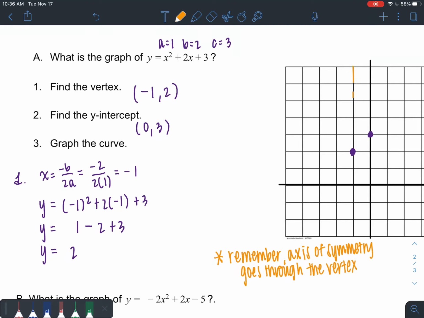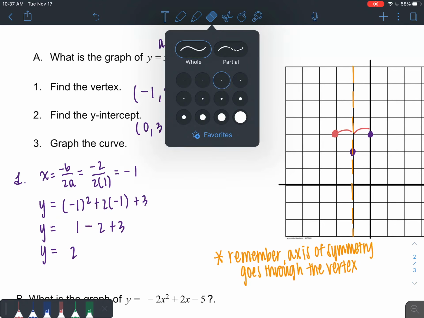So I'm going to go ahead and plot that. This line right here goes through the vertex. And because we have that axis of symmetry, I now can plot this point. It's 1 away here, so it's going to be 1 away over here because it's a reflection there.